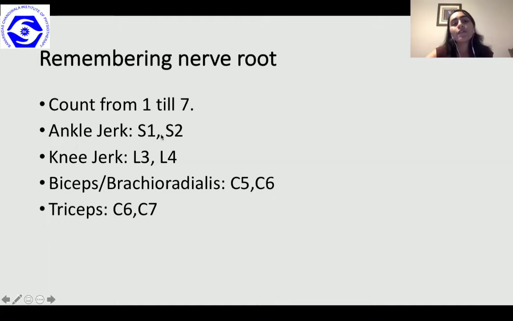And then as we move up, there would be knee jerk, and that is L. Move up, it is biceps and brachioradialis, which would be C5 and C6, and triceps, which would be C6 and C7. So 1, 2, 3, 4, 5, 6, and 6, 7. I hope this will help you in remembering the nerve root.